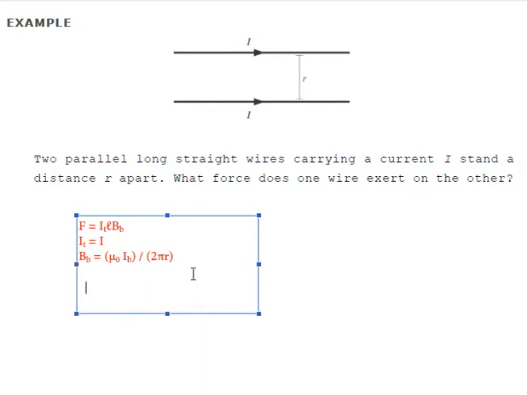Alright, so now we're in a better place to talk about the force here. So we have I times L, too many letters, and then we're going to replace this B with this B. So let's just do this.